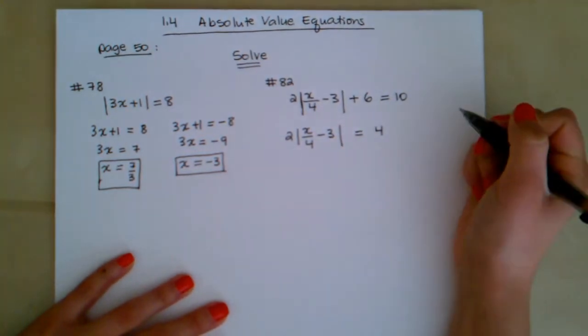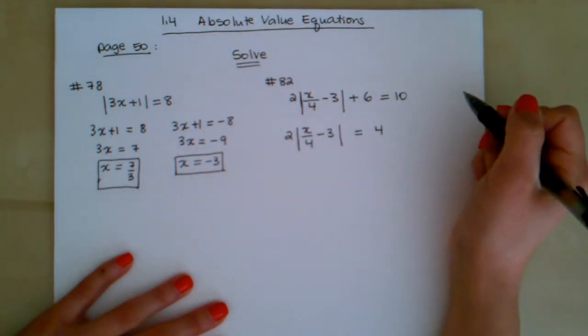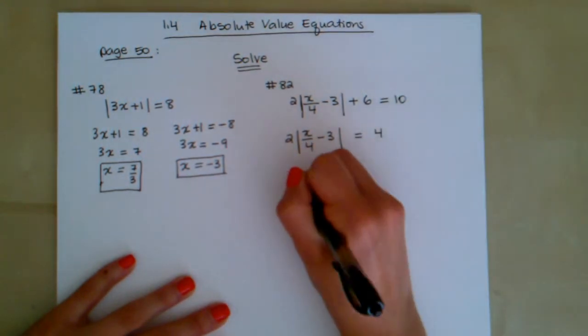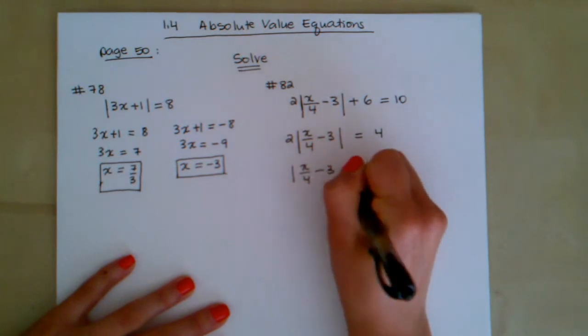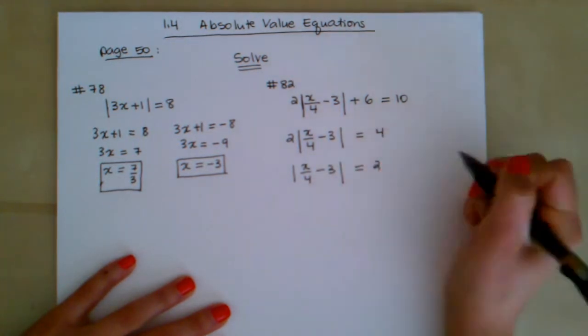So we subtracted 6 from both sides. And then the last thing we're going to do to isolate the absolute value is divide by 2 on both sides, which leaves us with the absolute value of x over 4 minus 3 equals 2.